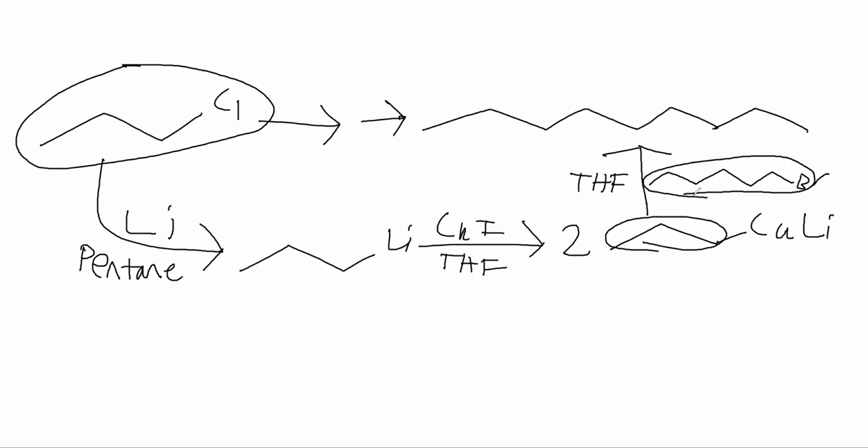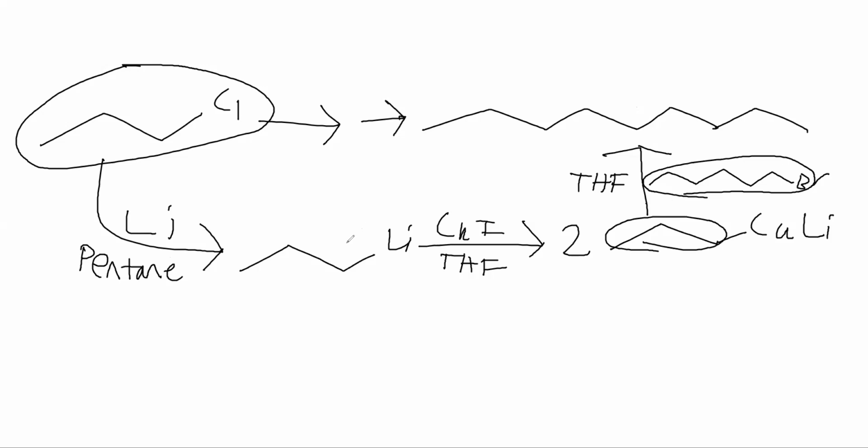I think the book just wanted to make an example of how you would form a Gilman reagent. When I took the class, I wasn't expected to worry about forming the Gilman reagents. We were always just told you could assume you made it elsewhere, like we did in the other problems.